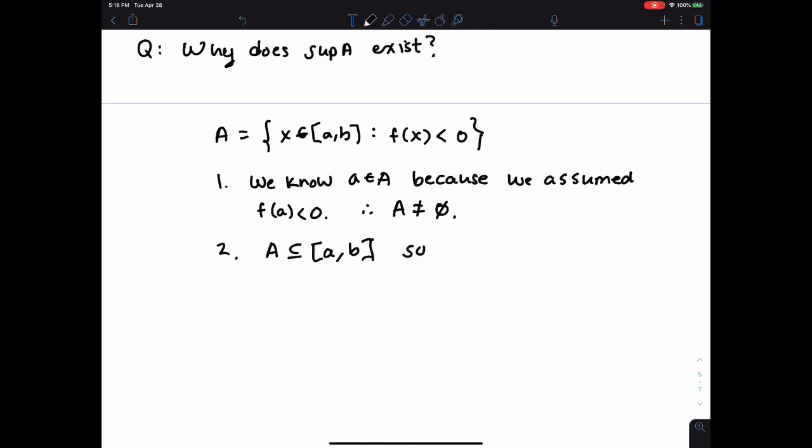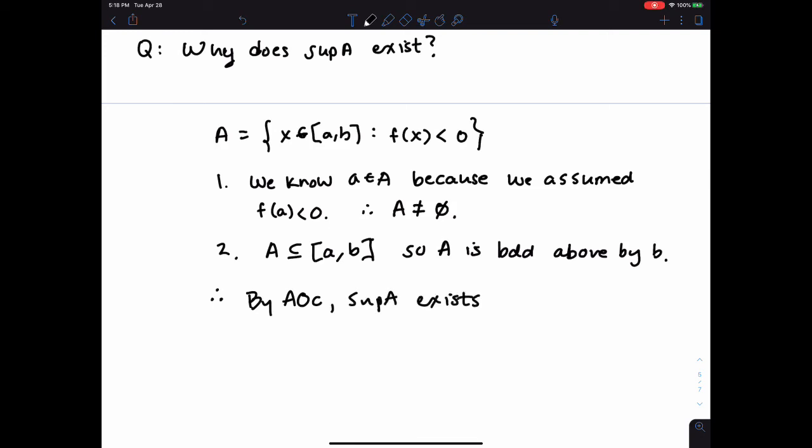In particular, this set is bounded above by b. So therefore, by the AOC, sup A exists. So we did actually have this c value that we could be arguing with.